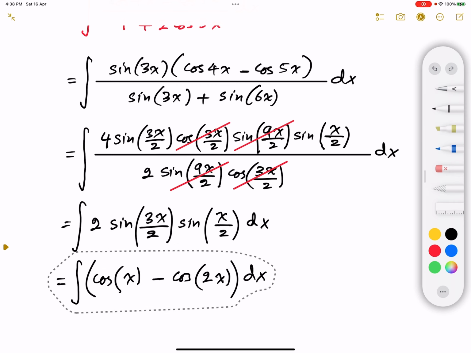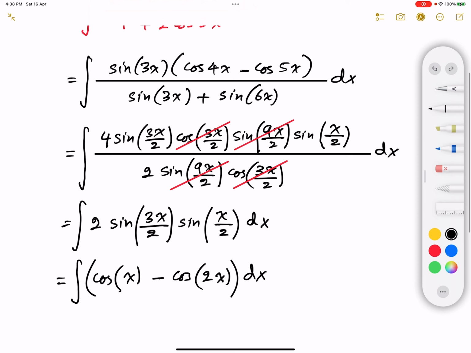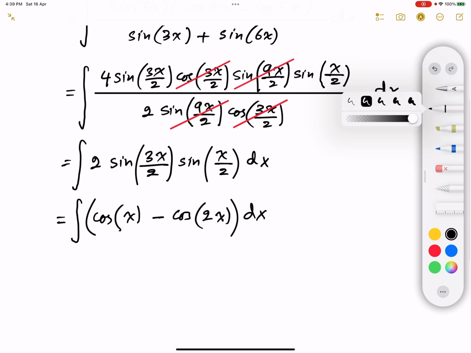Now, as we can see, by multiplying by sine 3x and dividing by sine 3x, and also benefiting from the formulas of the difference of two cosines and the sum of two sines, and also the twice angle formula, we have simplified the integral a lot. So the final formula here is very easy and straightforward.